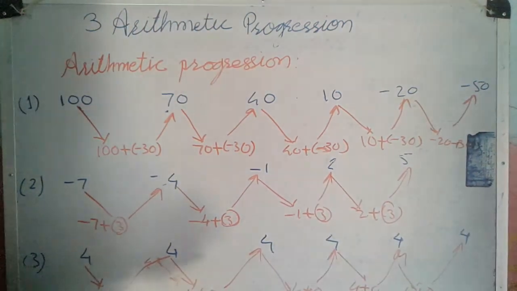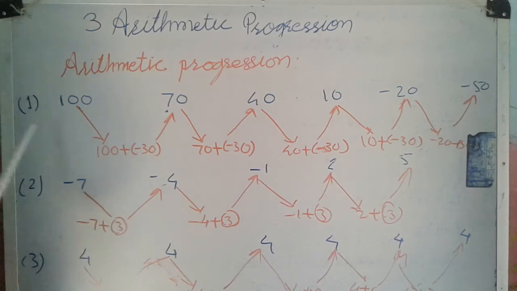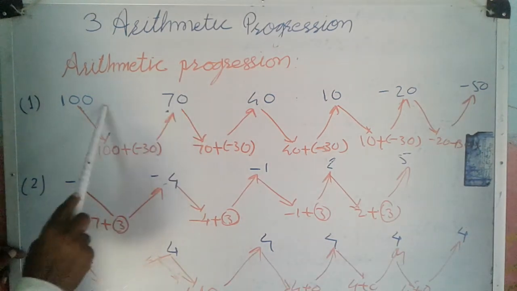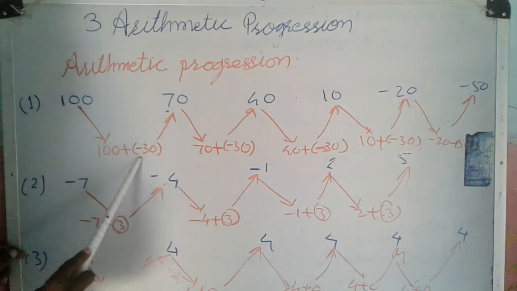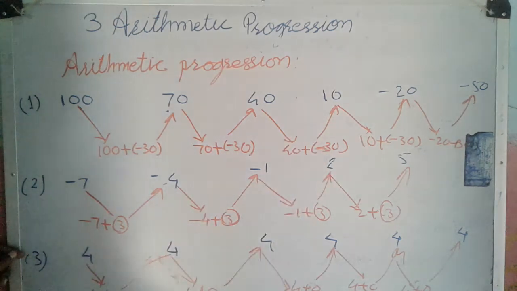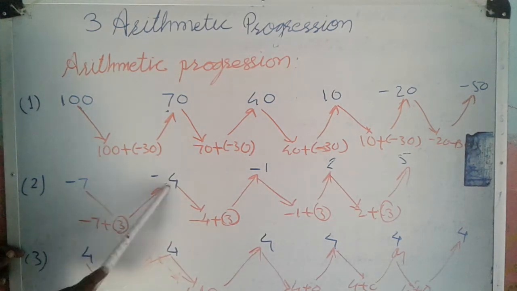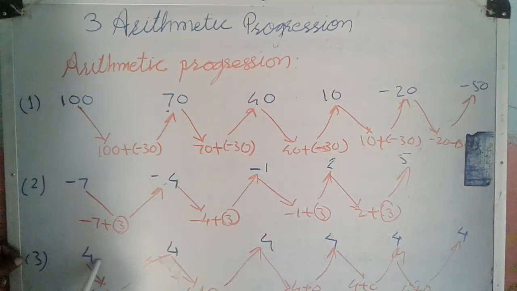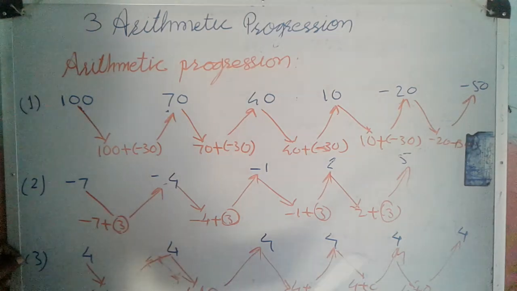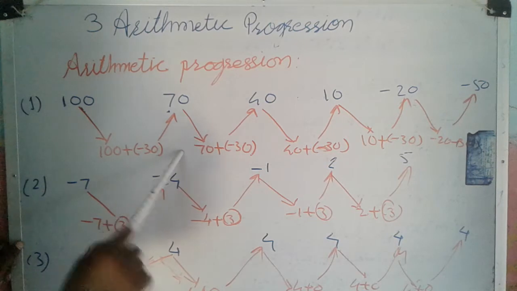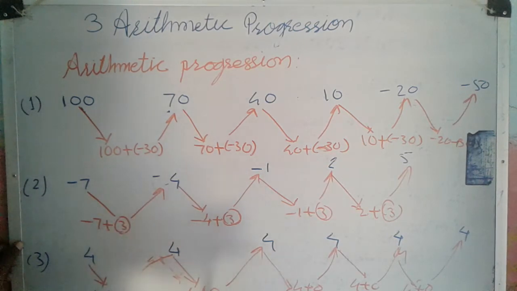So here, in the first example, the common difference, this difference is common. The common difference is minus 30. In the second example, the common difference is 3. And in the third example, the common difference is 0. That means the common difference may be negative, it may be positive, or it may be 0.